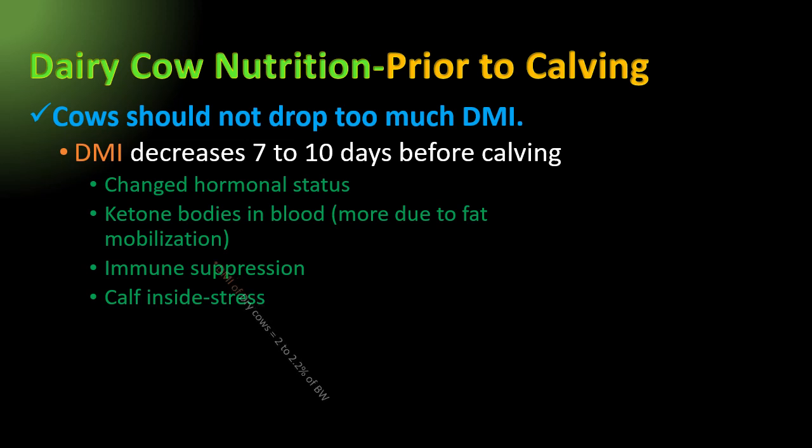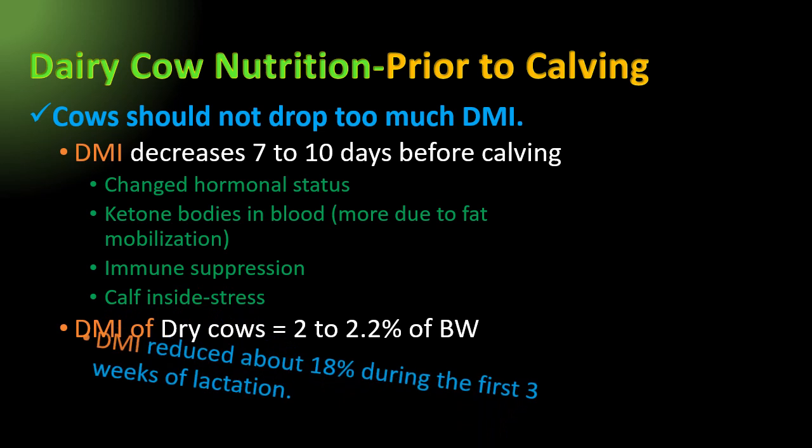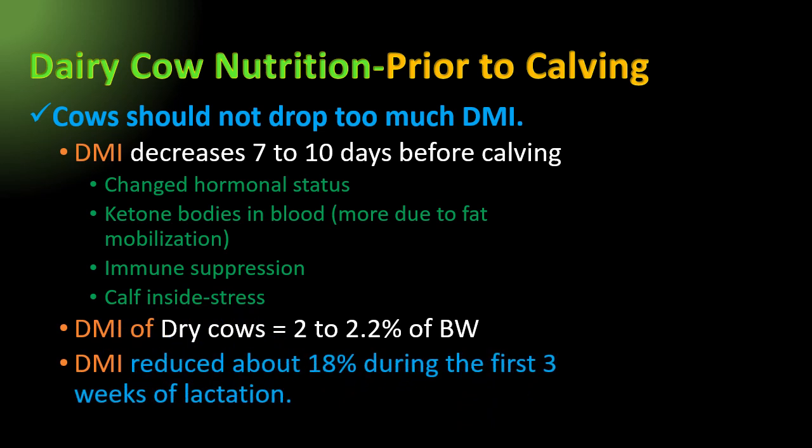Dairy cows can be expected to have a daily dry matter intake of about 2 to 2.5% of their body weight. The nutritionist or the farm manager should observe the animals and make sure that they are consuming dry matter within this range.